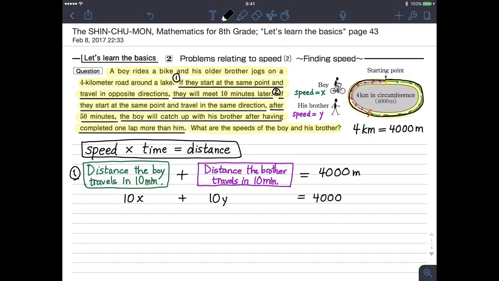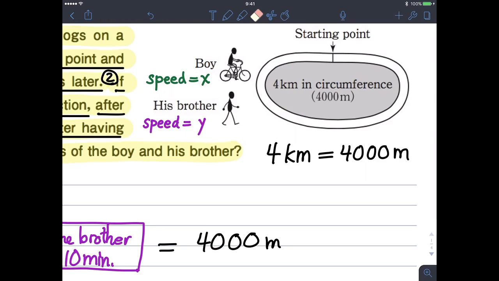Okay, so let's look at our picture again. Coming back to the boy, he's traveling on his bike again, and let's say he's going in a clockwise direction. As he moves, his brother is jogging. So here's his brother jogging along in the same direction, in a clockwise direction. As the boy keeps moving around on his bike, he's going faster.